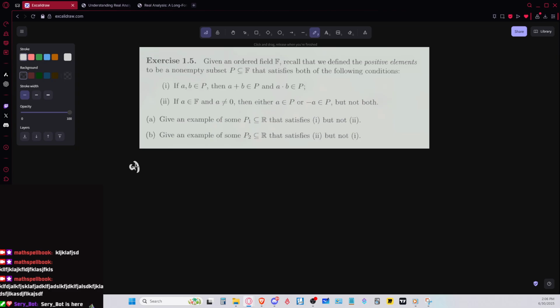Okay, so for A we have to give an example of some P1 that is a subset of the reals that satisfies 1 but not 2.